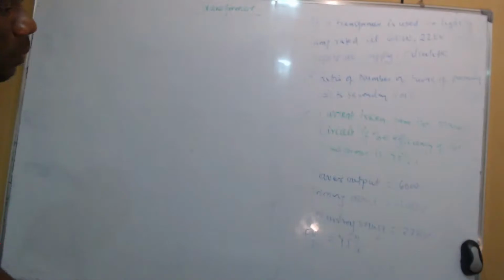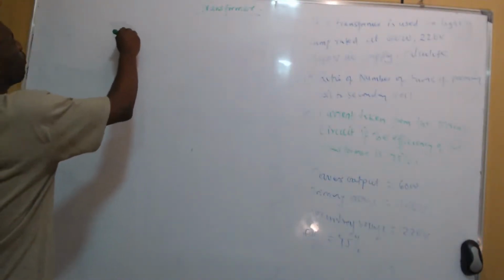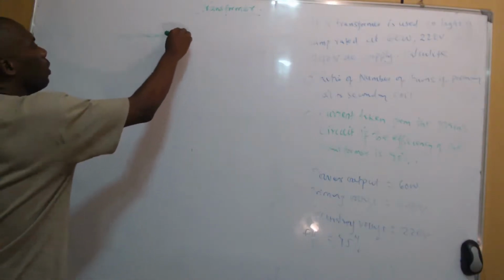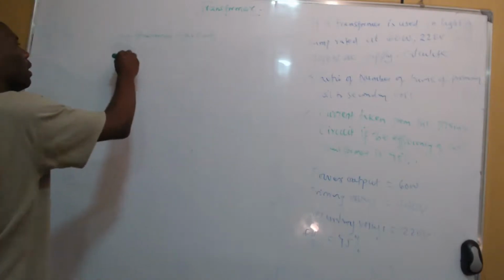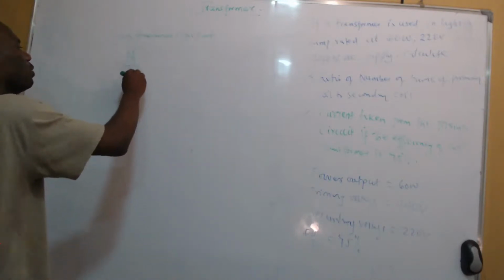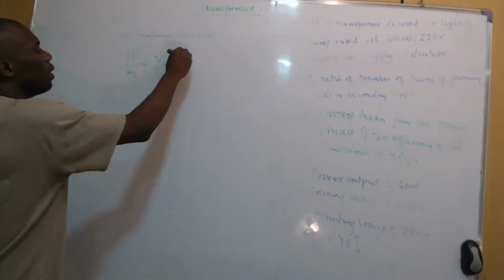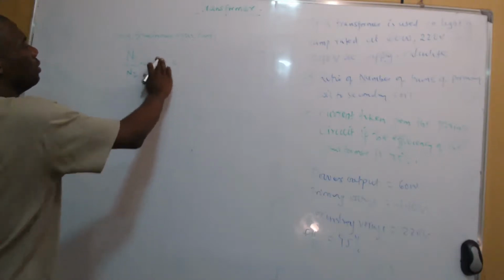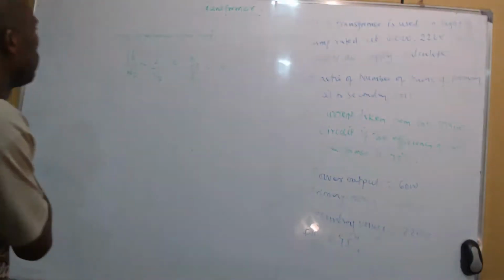So in this case, from the transformer equation, we have that N1 over N2 is equal to V1 over V2, and V1 is 440.